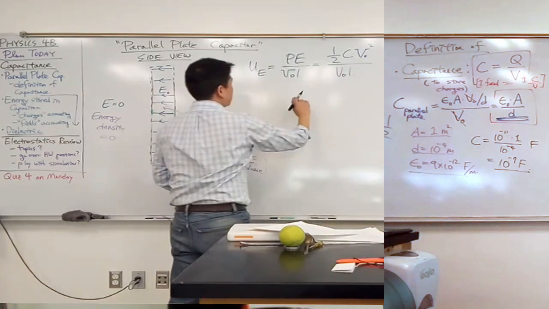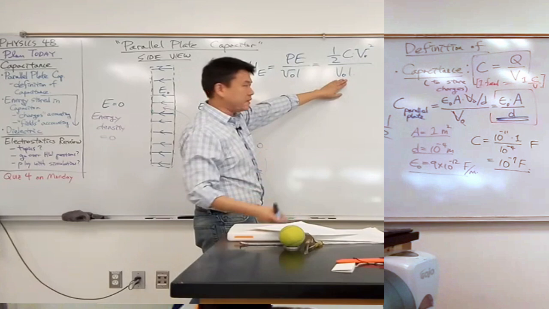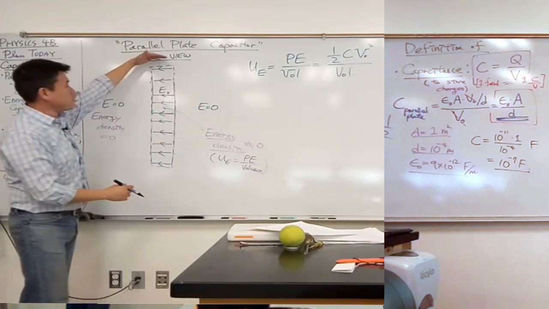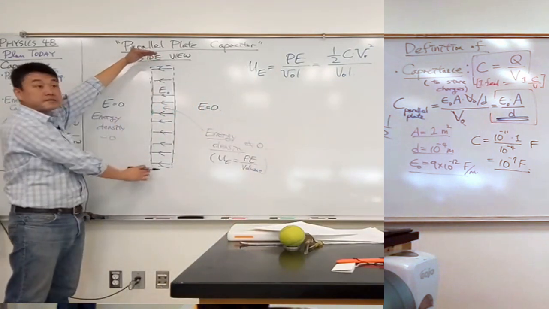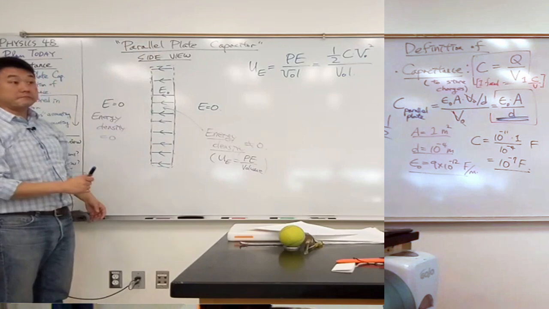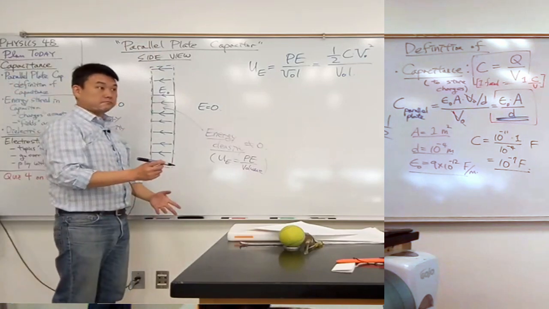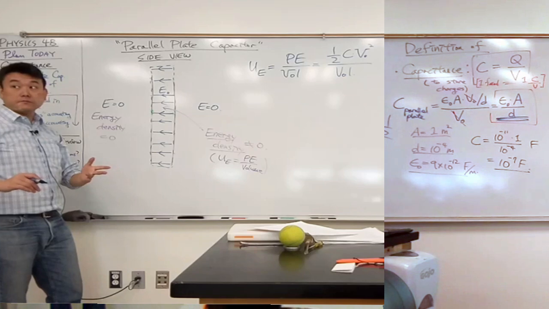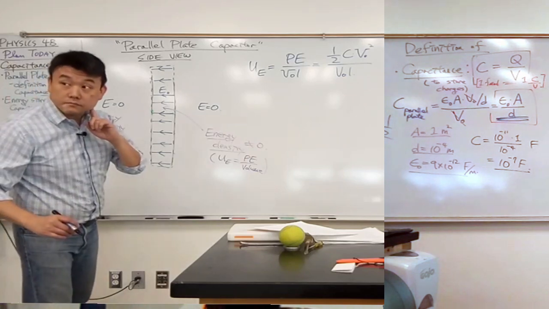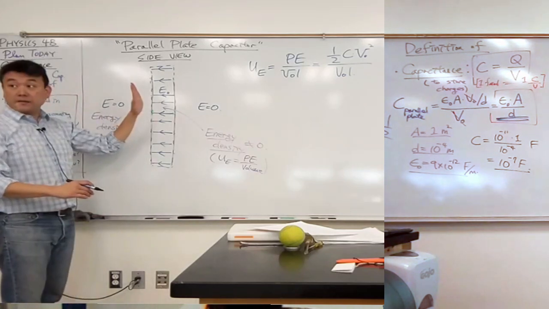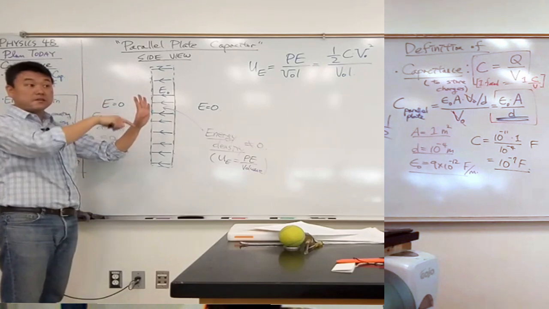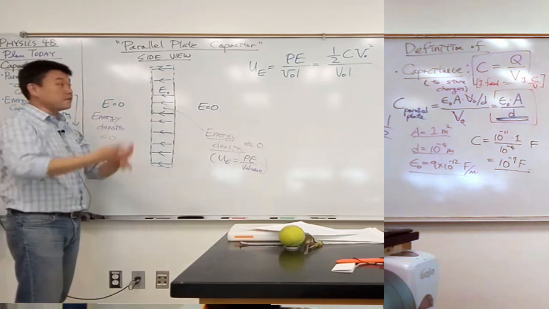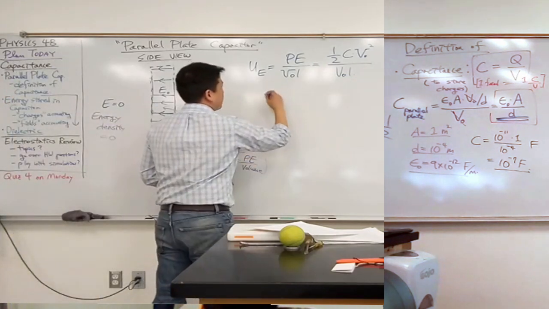Let me also write down an expression for volume. What's the expression for volume here? What are the geometric parameters you were given before? Yeah, area times distance: the area of the plate times the distance between them. That's how much volume is enclosed between. Okay, so let me write that down.